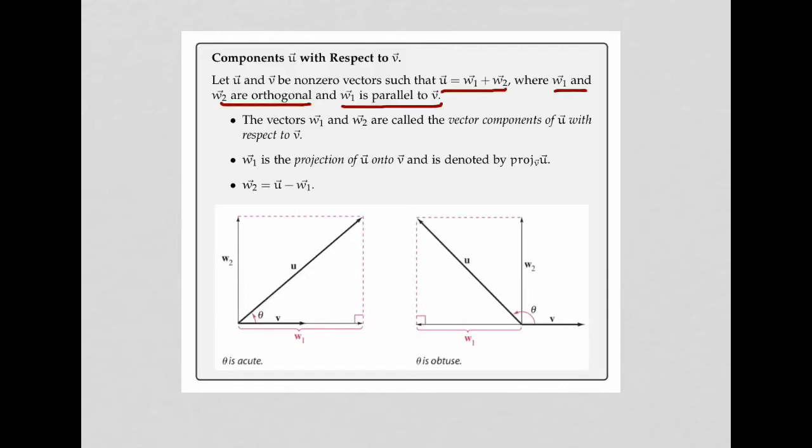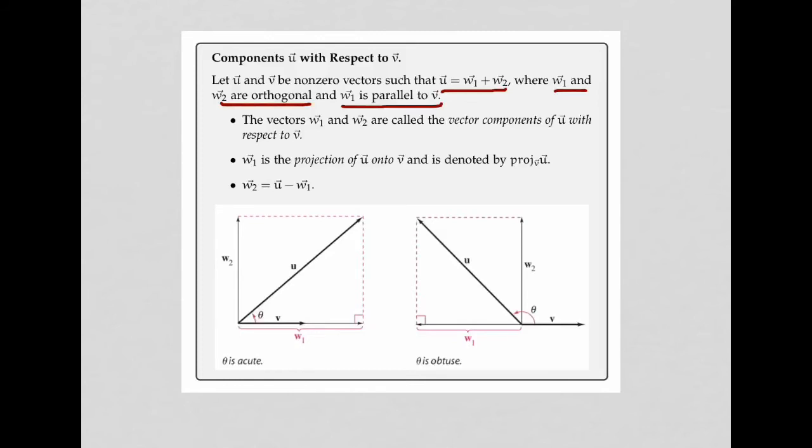You can see these three conditions in the figure below, when theta is an acute angle and theta is an obtuse angle. When theta is acute, you can see using the parallelogram rule that the vector u is the sum of vectors w1 and w2. You can see that w1 and w2 are orthogonal, and that the vector w1 has the same direction as vector v.